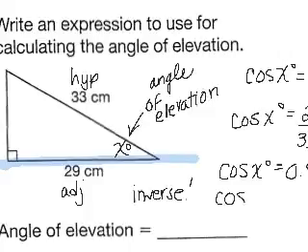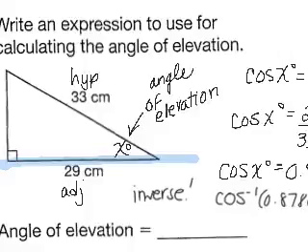So cos inverse of 0.8788 equals, you'd punch that into your calculator.